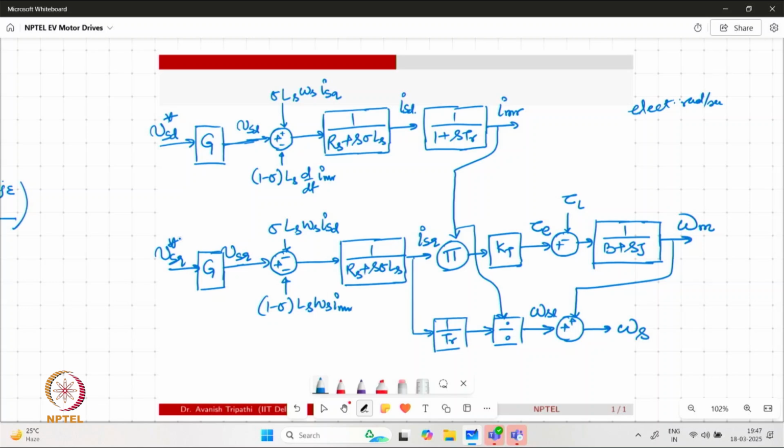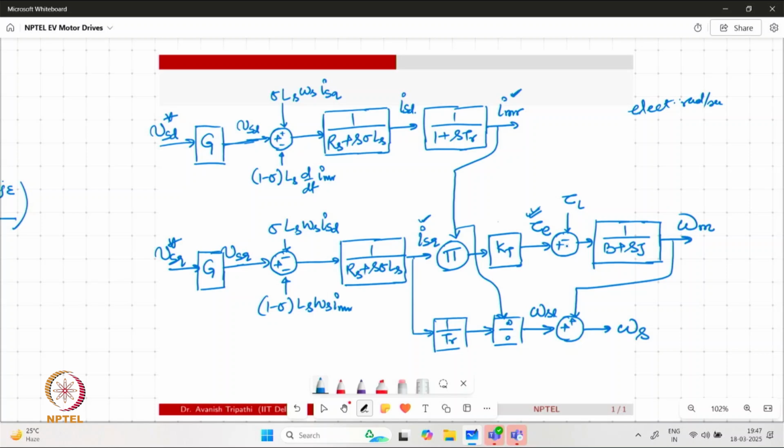Now it can be seen that the torque is basically the resultant of ISQ as well as IMR, or in other words, for any change happening in torque, we must ensure that the flux and ISQ, both these quantities are considered equally. And then we have slip speed generated on account of the interaction of ISQ and IMR again.